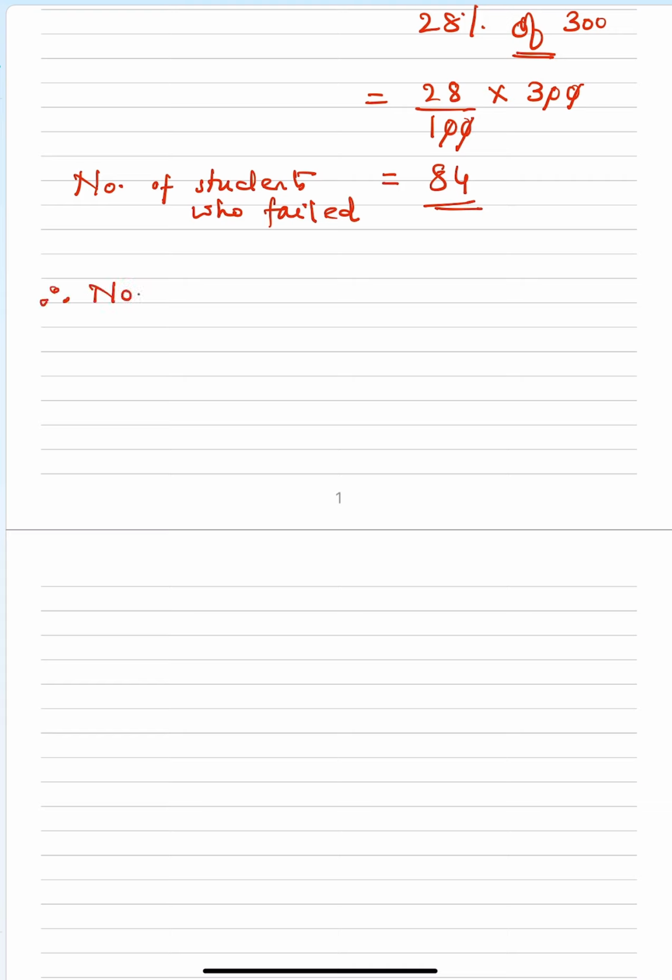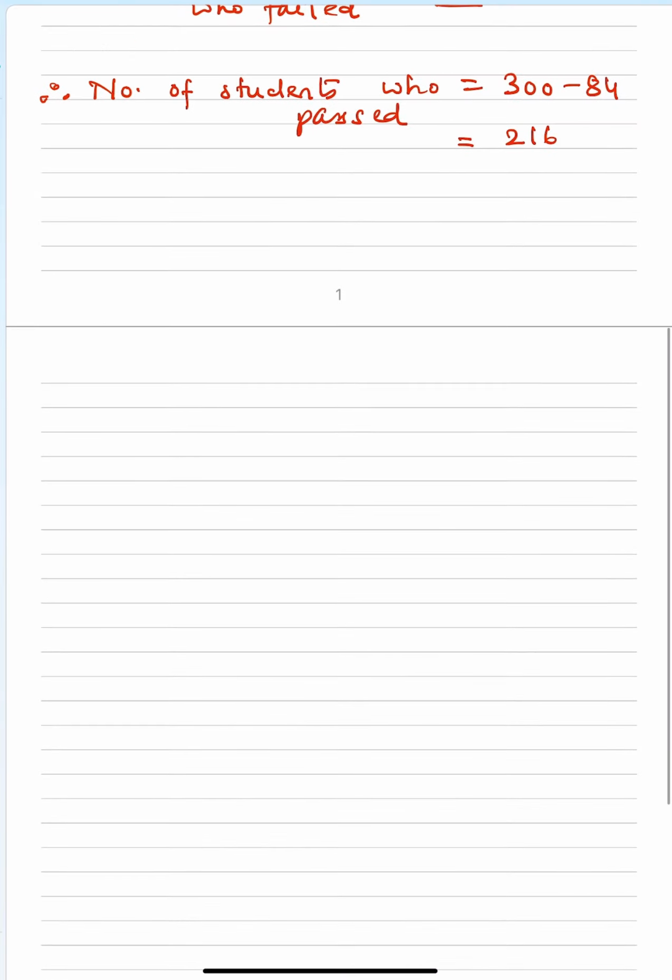Therefore, number of students who passed are equal to 300 minus 84, which is equal to 216. Okay. So for all the problem sums, we should read the problem first, break the problem into the information given, and then please do it.